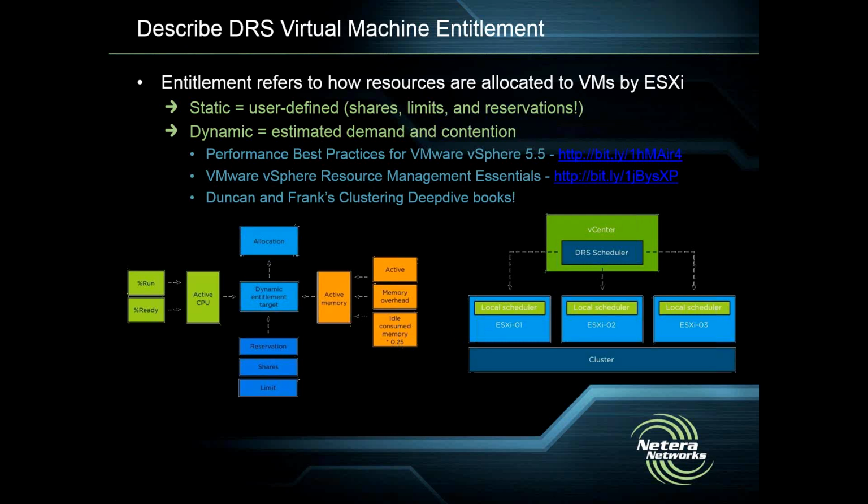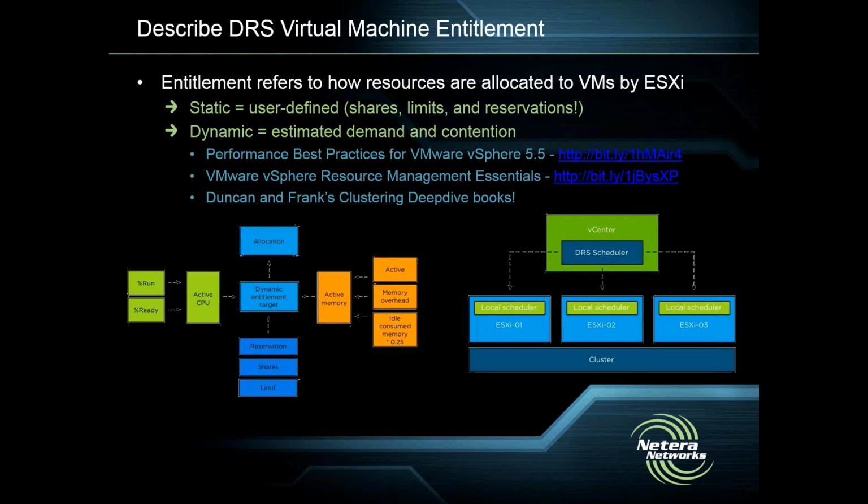So knowing that, we can see that it wouldn't make sense to set a limit equal to the configured amount of resources. If you have 4 gigs of memory configured for a VM, it wouldn't make sense to configure a limit of 4 gigs of memory, right? That limit's already there by way of having that VM configured for 4 gigs.